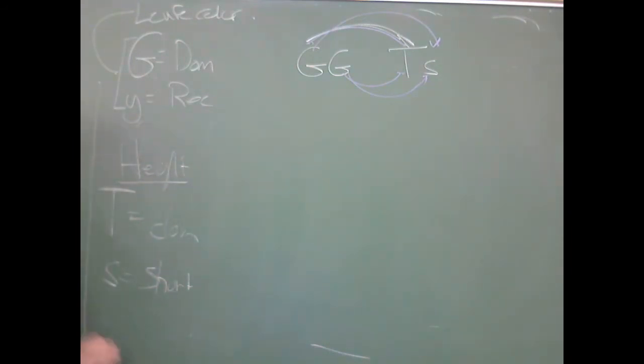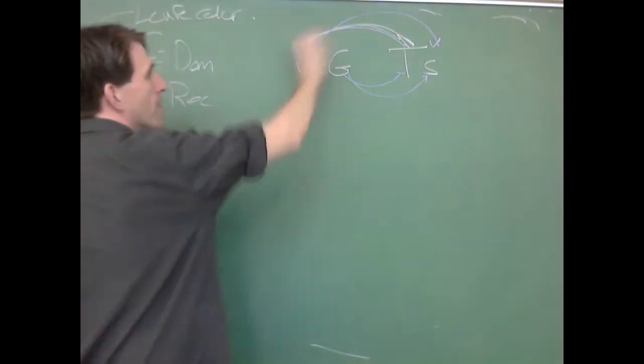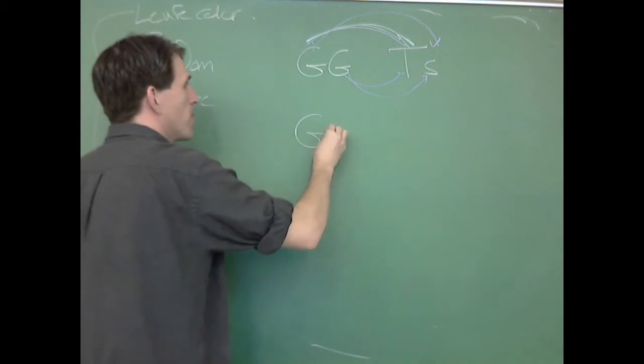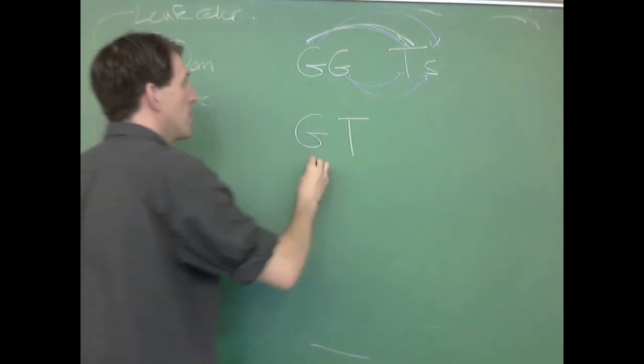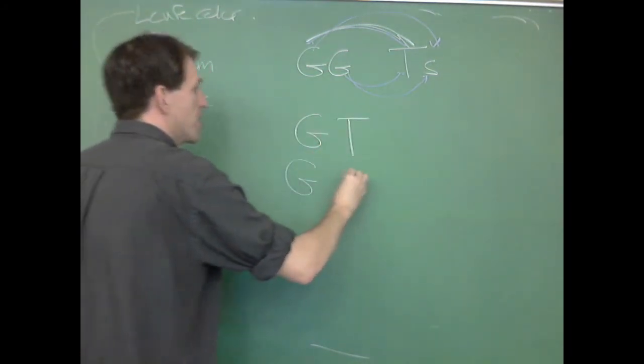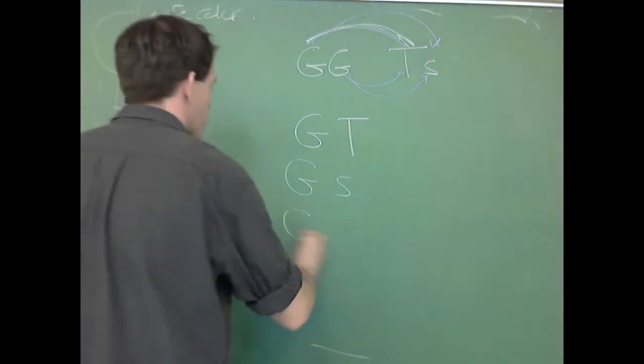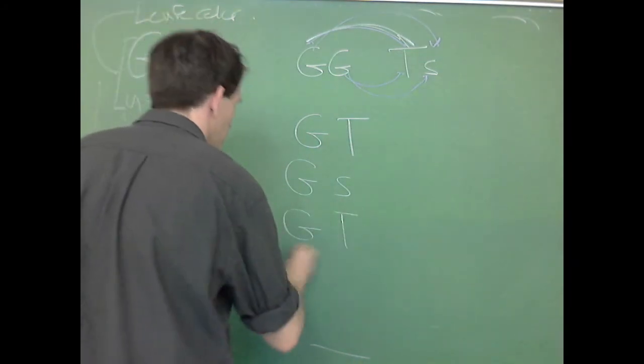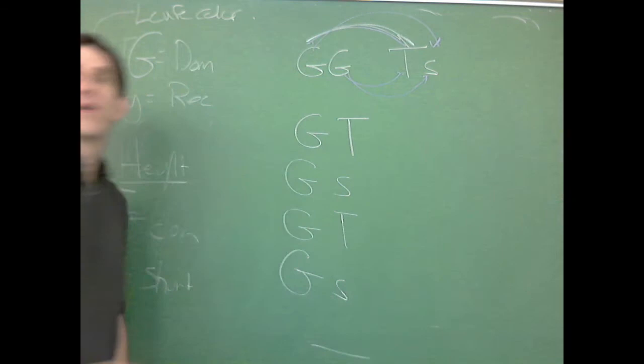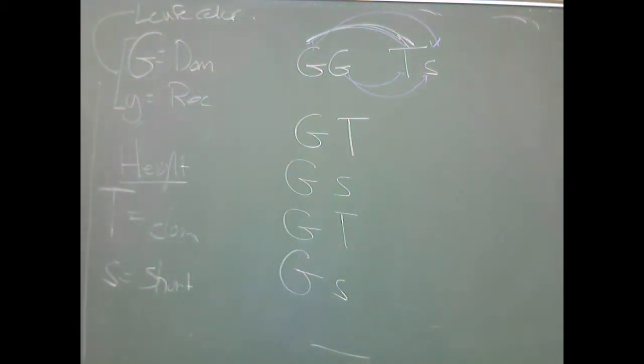We'll explain what that means in a second. If you use FOIL, you'd have one that was green and tall, one that was green and short, one that was green and tall, and one that was green and short. 2 and 2, exactly. So you do FOIL with them, and that will give you the possible outcomes.